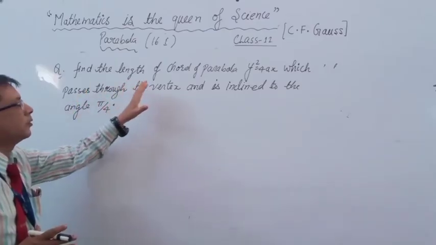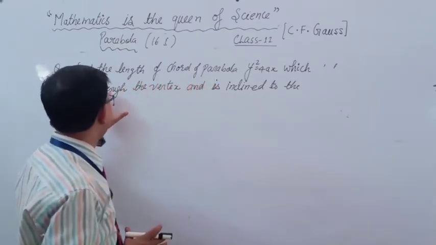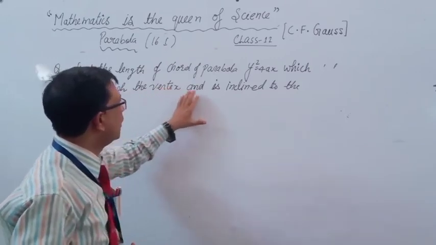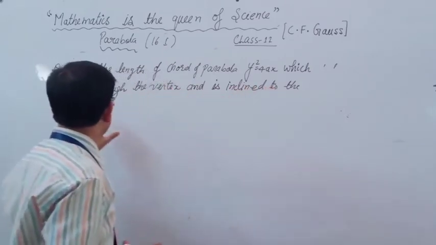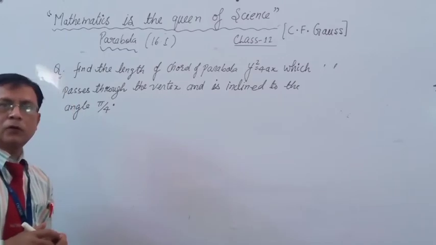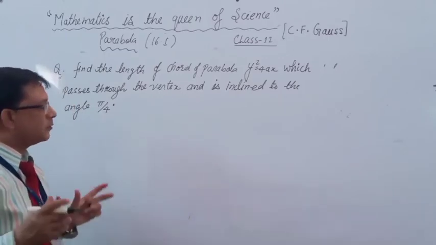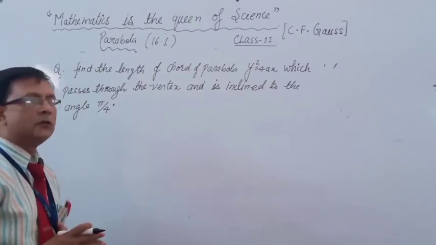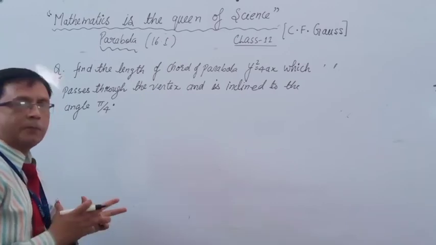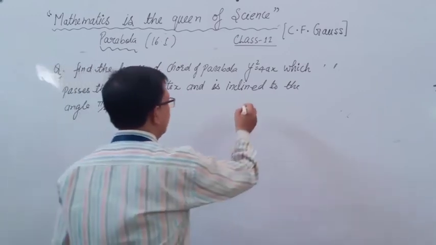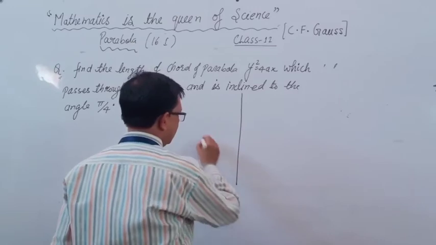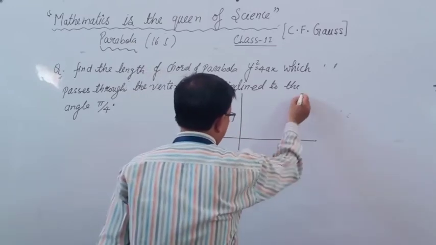Find the length of the chord of the parabola which passes through the vertex and is inclined at the angle pi by 4. First we see from the diagram what is happening. Here we draw the parabola y square is equal to 4ax.